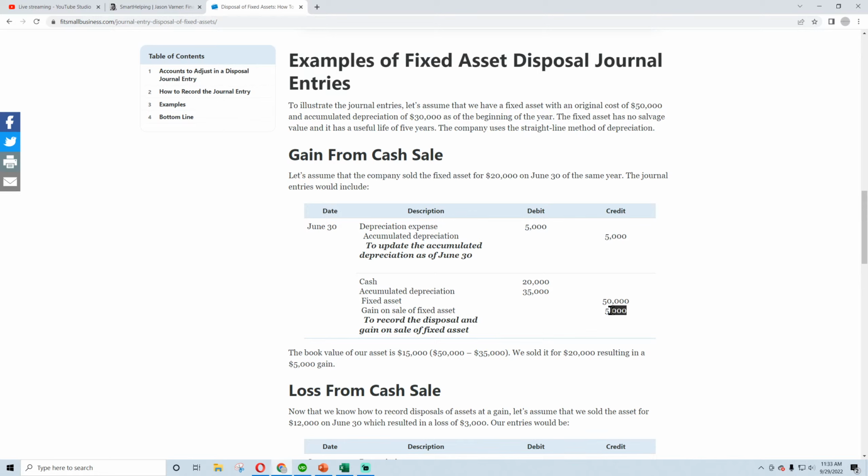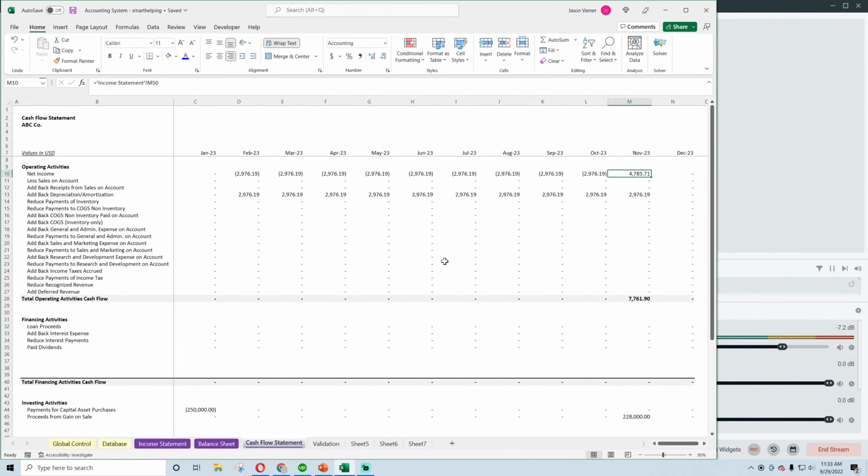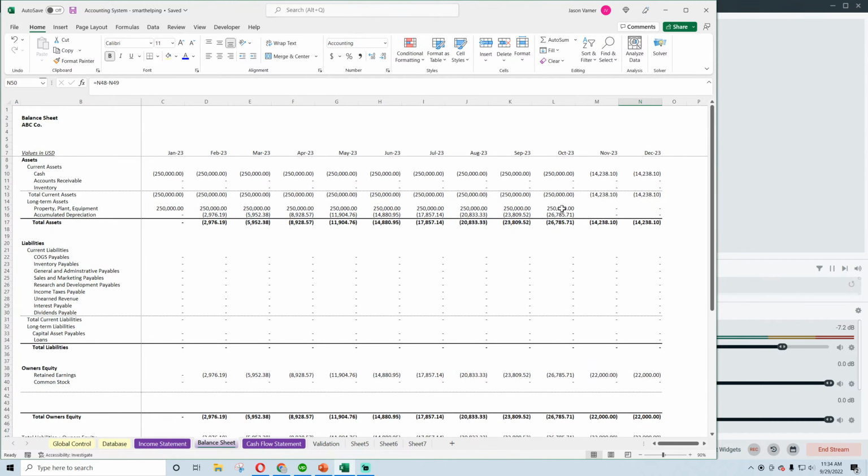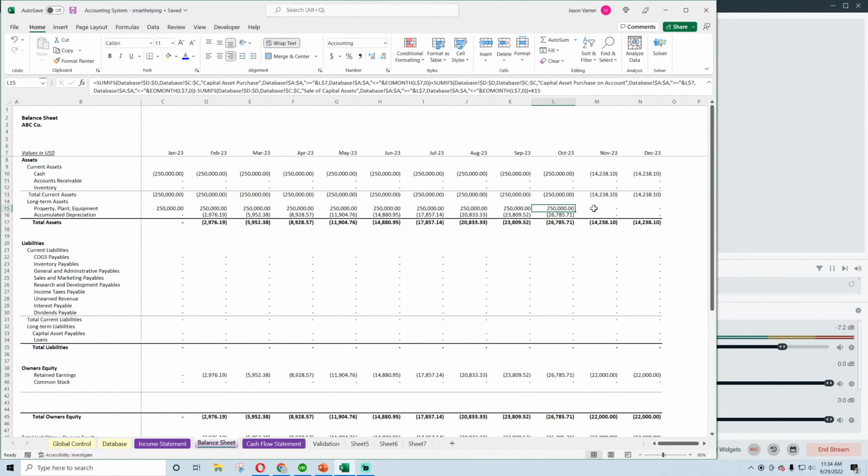This is just crediting the gain. We are reducing to 250,000, so 250,000 down on an asset. We're also reducing the accumulated depreciation, so that's going up. We're going up on the asset by the total accumulated depreciation.